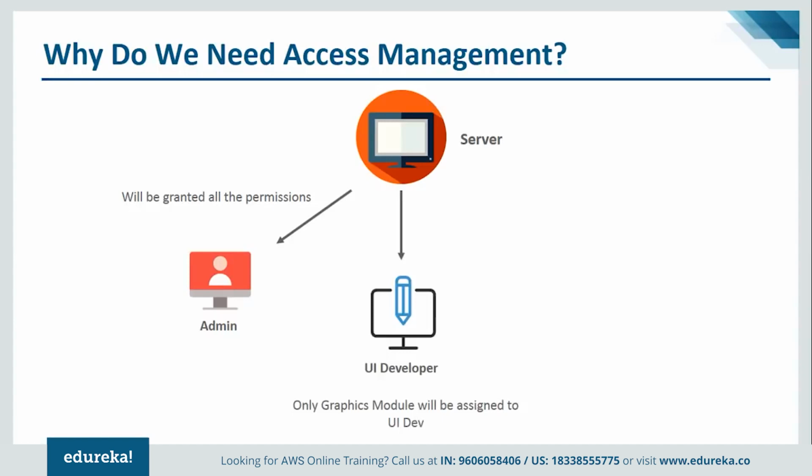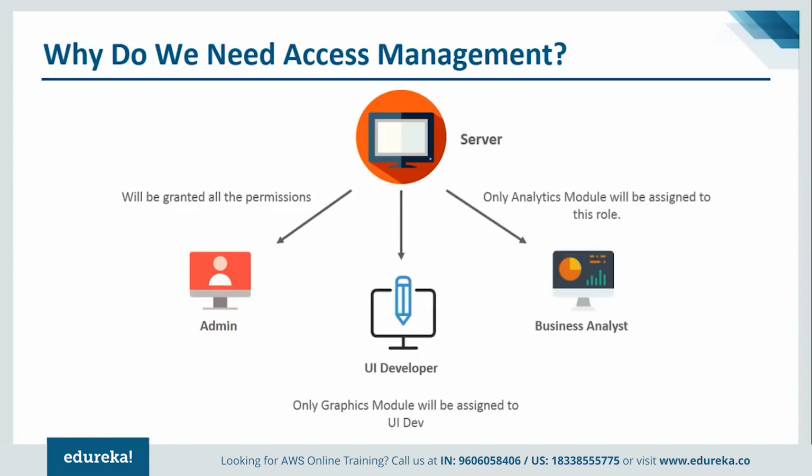and specific rights will be given to a UI developer. Similarly, if after that a business analyst comes in, he should only be able to access the analytics module which is there in your server. He should not be able to get into the UI development part, or see the other aspects of what is there in your server.